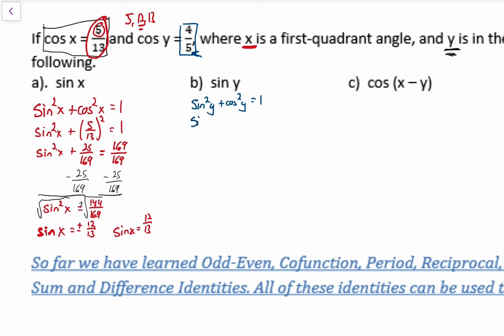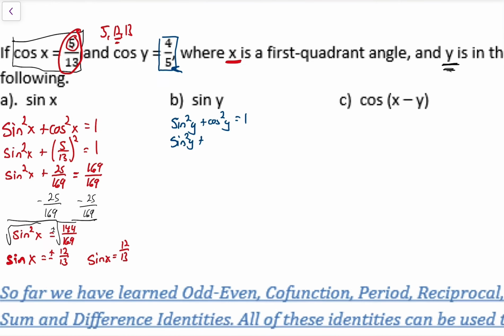So sine squared of y plus cosine is 4/5. So we want 4/5 squared equals 1. Sine squared of y plus 16/25 equals, I'll go ahead and write this as 25/25 because I'm going to subtract. I'm not going to show the work here.